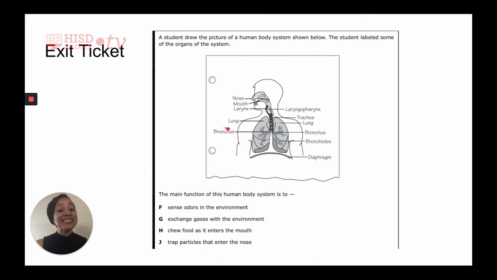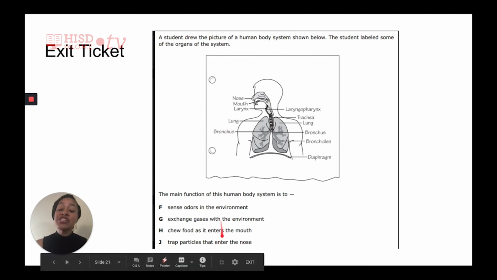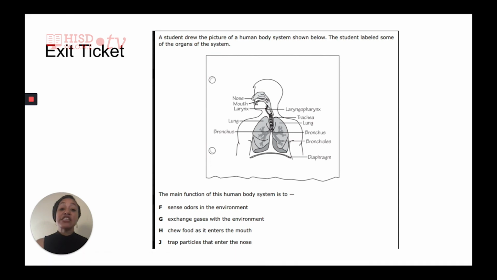The lungs are the giveaway. The lungs are the main organ within the respiratory system. So now that we know this is the respiratory system, we need to determine which letter represents the function of the respiratory system. So the respiratory system is all about breathing.